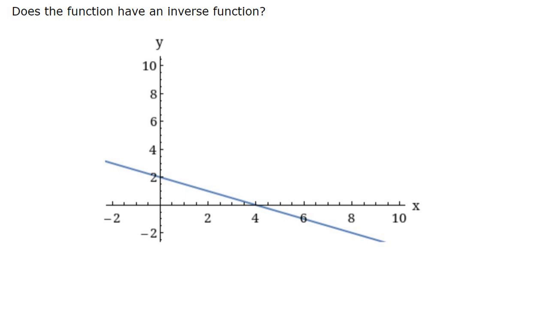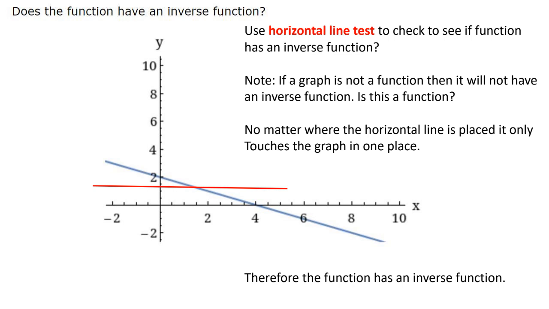So because this graph here passes my horizontal line test, then this graph will have an inverse. Okay. Now, this is what I just talked about. Again, to find out if a graph has an inverse function, you'll perform this horizontal line test, okay? And if it fails my horizontal line test, it's not going to have an inverse.